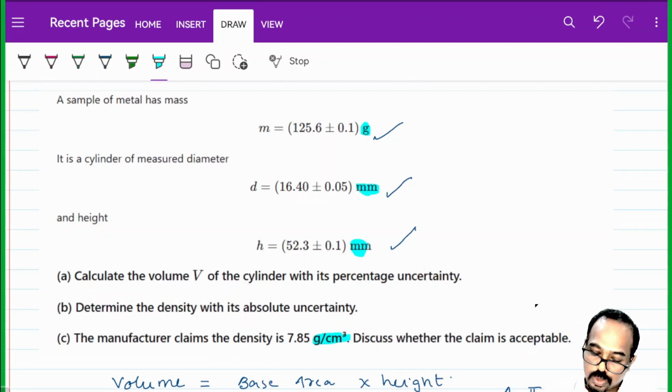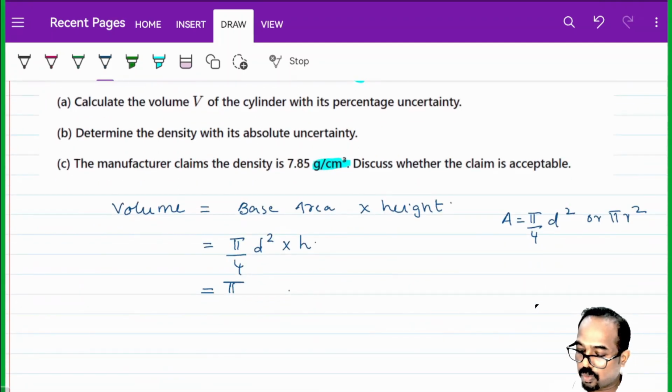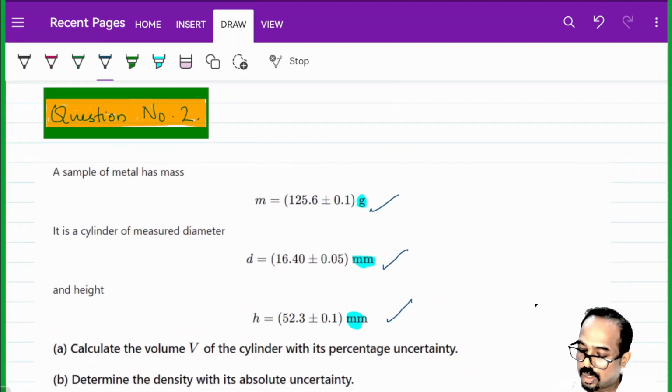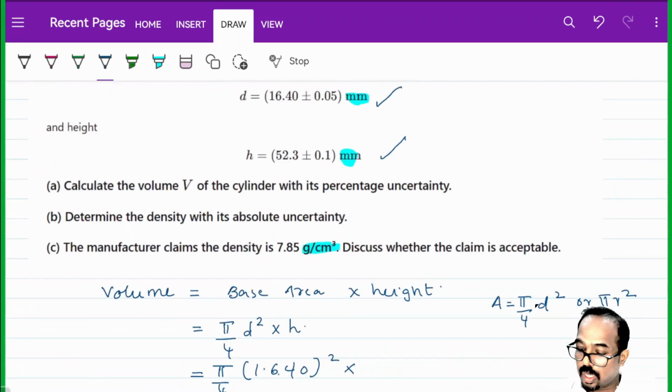So the values you substitute: diameter 1.640, so pi by 4 into 1.640 squared, multiplied by the height. Height is 52.3 mm, so it will be 5.23 centimeter.